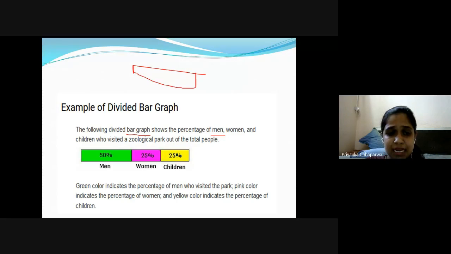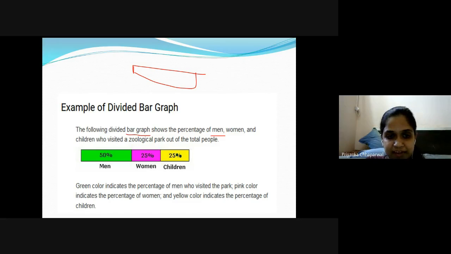So in this, how many men are there? According to this question, 50%. बस you just arrange whatever data you have. जो भी data आपके पास है, you just arrange in ascending या maybe descending order. Depends on you.